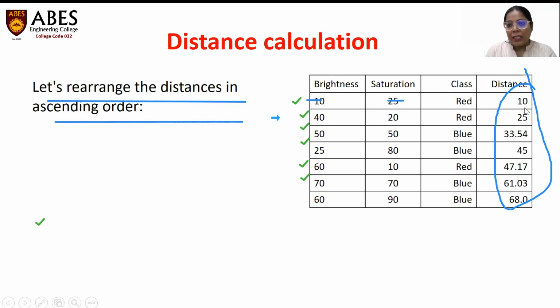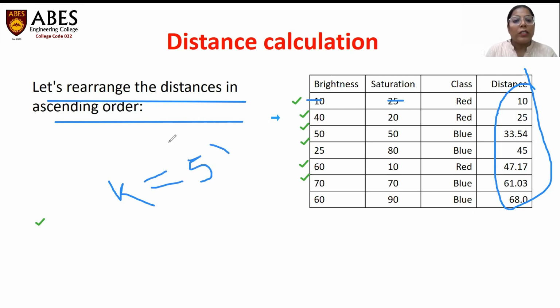So we have arranged the data in ascending order: 10, 25, 33.54, 45, 47. We have arranged all the available data in ascending order, and remember that we have taken the value of K equal to 5.